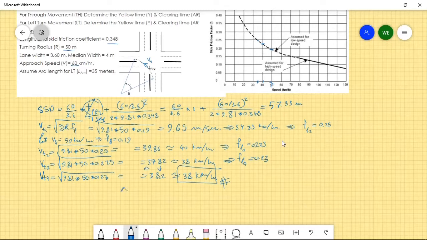Let's calculate the delta change: 38.2 minus 37.82 divided by 38.2, multiplied by 100.